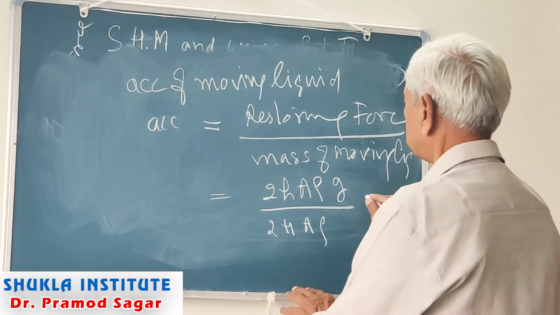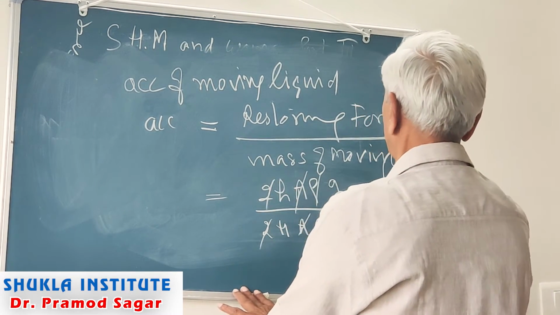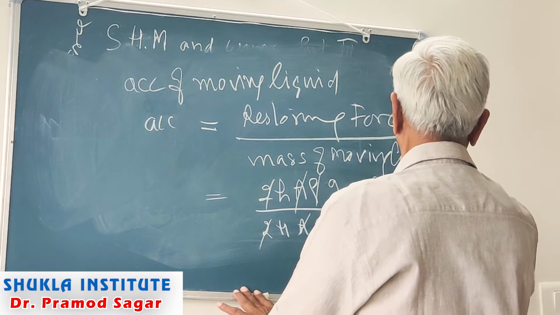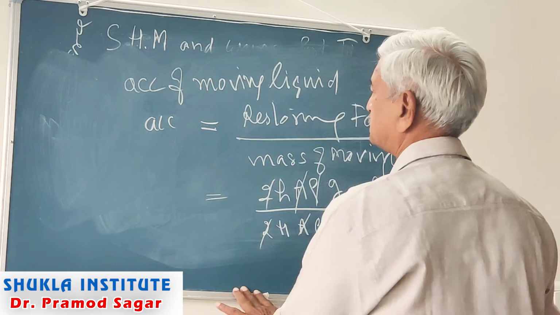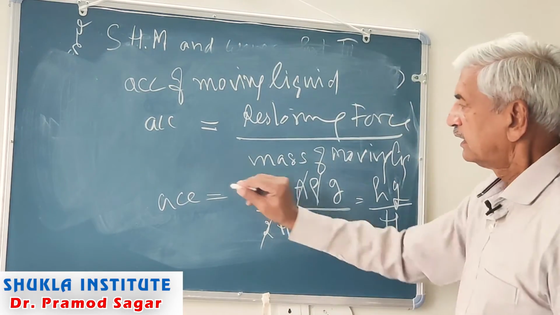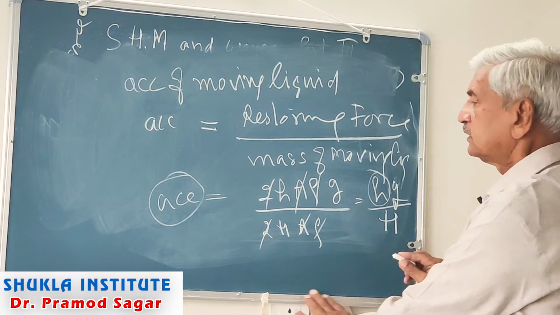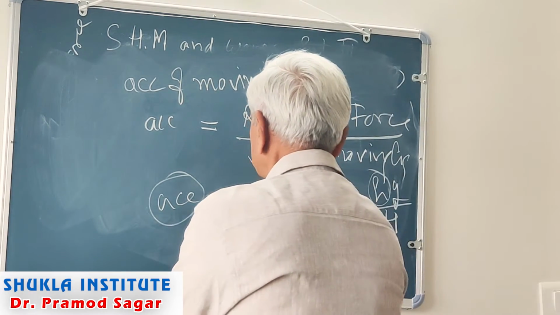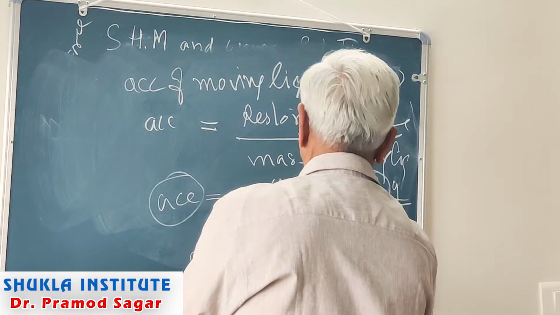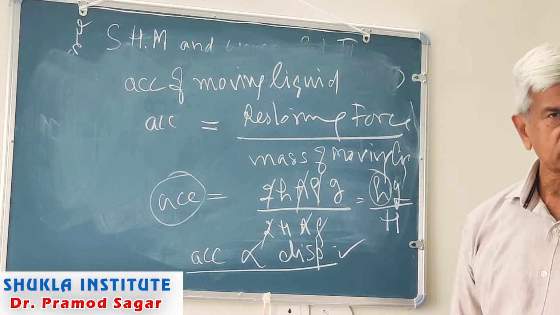Can we see that everything gets cancelled? It is h rho g by capital H. This is the acceleration, and h is the displacement of the liquid. So we find acceleration proportional to displacement. This condition of SHM is satisfied.